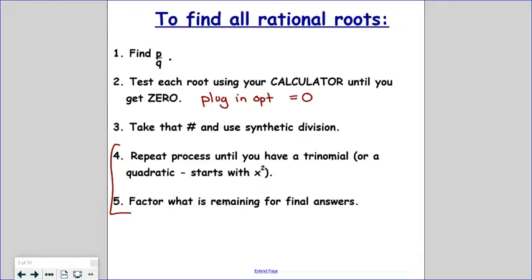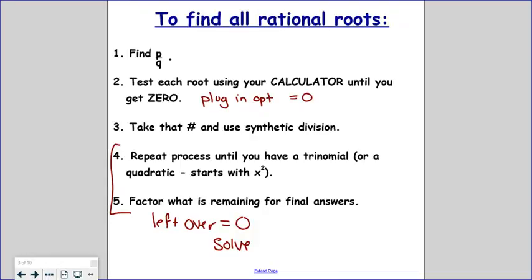When you get to the end, whatever is left over, whether that is a trinomial or something more or less than that, we set equal to 0 and solve for x. That's pretty much the general rule on all of these anyway. And those will give us our zeros at the end. Questions?